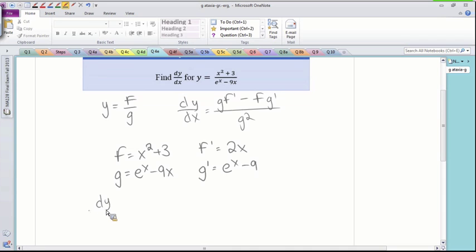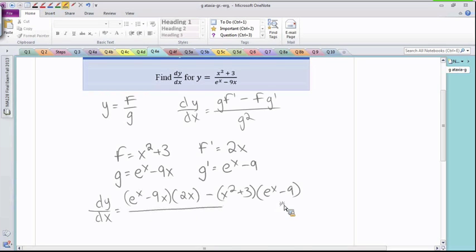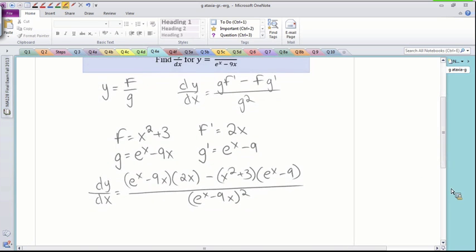So dy dx all together is equal to g times f prime, e to the x minus 9x times 2x, minus f times g prime, all over g squared, so e to the x minus 9x squared. So that's our final answer.